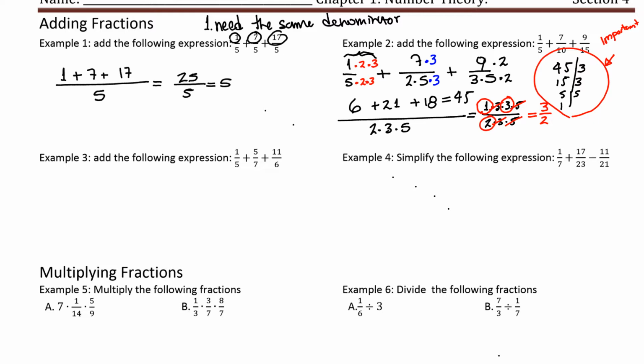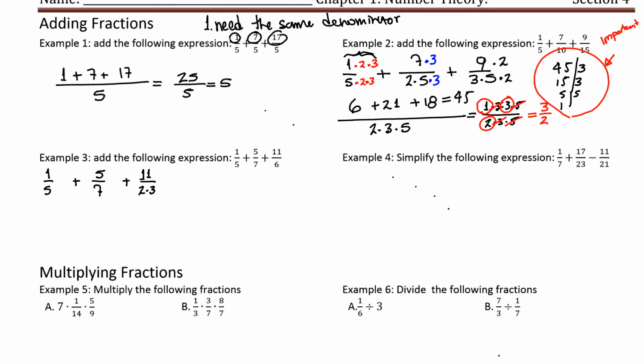Now for the second one, in order to add example 3, what we need to do is figure out what the least common denominator is. So we're going to first write all the fractions, and if we have a composite number in the denominator, we're going to break it apart into its factors, so we know what factors each denominator is missing.